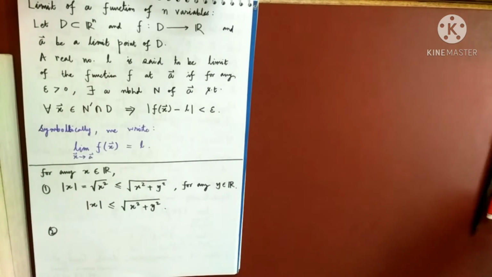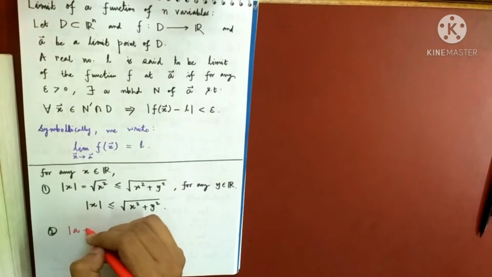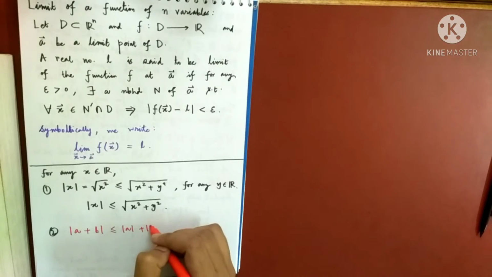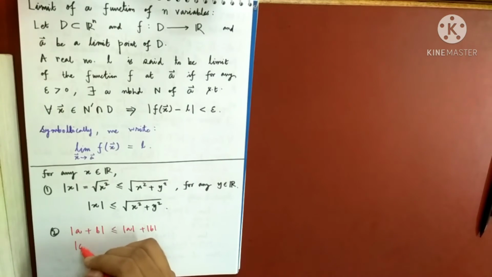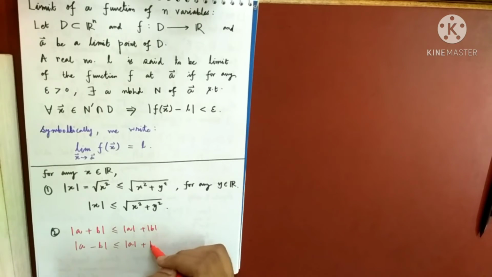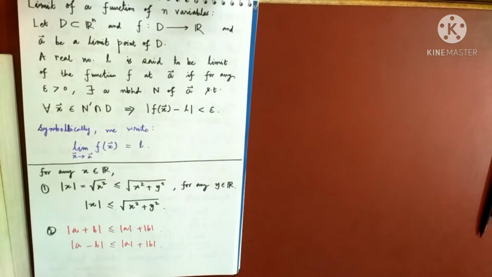Number two that will be used in most of the sums is the triangle inequality. You know, mod of A plus B is less than or equal to mod A plus mod B. Also, mod of A minus B is less than or equal to mod A plus mod B. This is the same as this one only because I'm just replacing B by minus B. So you just keep this in mind.